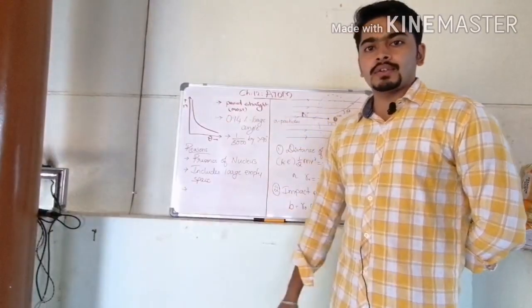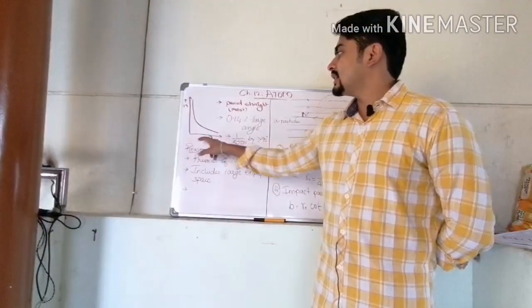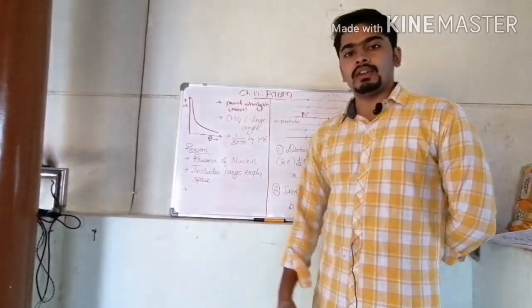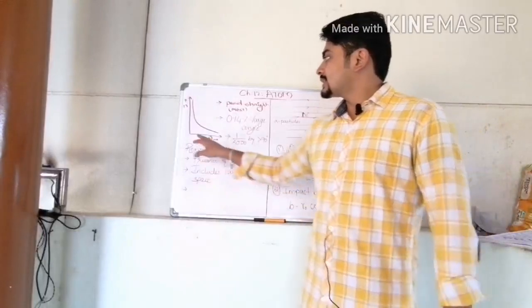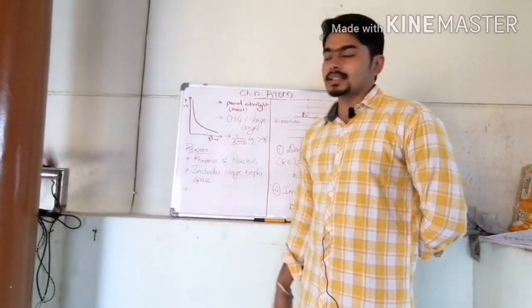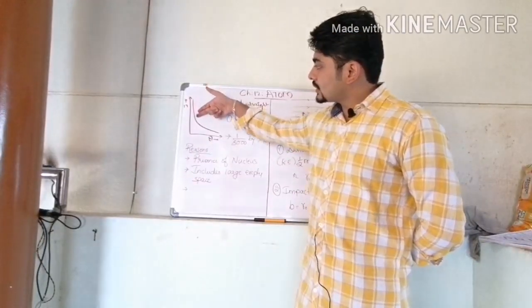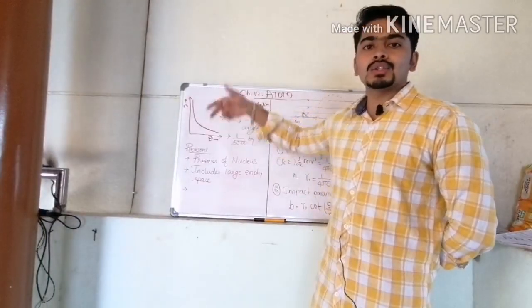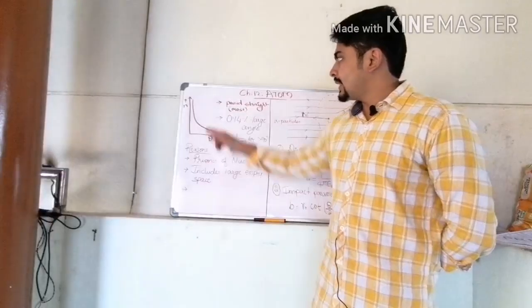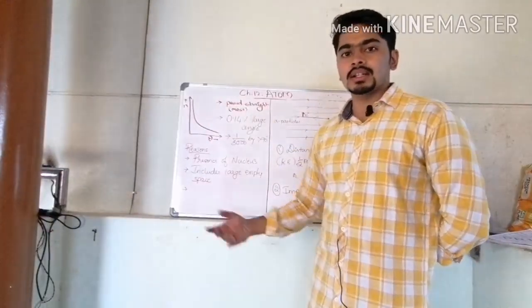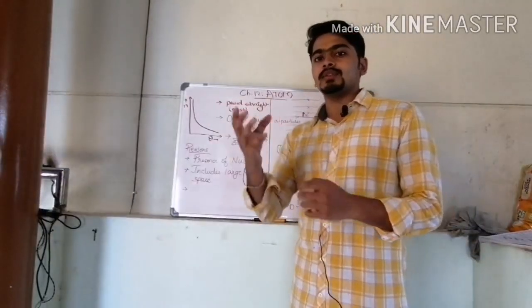According to the experiment, he drew the graph of the number of alpha particles with respect to different scattering angles. As the scattering angle goes on increasing, the number of particles scattered also goes on decreasing. Based on this graph, he concluded some points.